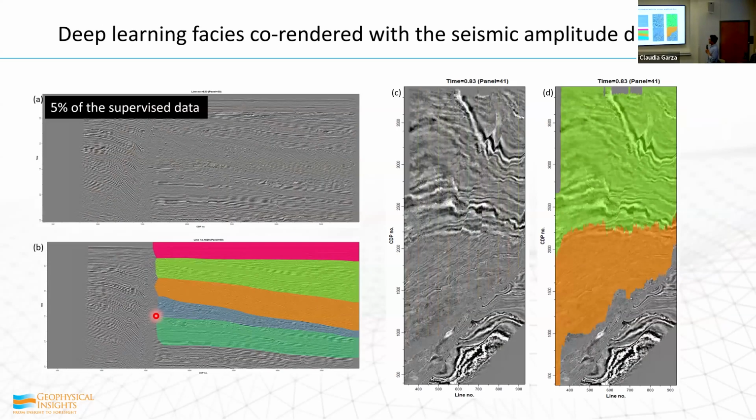So we can use these AI tools for feature segmentation or feature extraction over here. And with this 5% supervised data, we can segment all the layers. And once we have that, we can run SOM on just one layer. If we have a channel over here or turbidite, and we are interested in the specific layer, we just run SOM on that.